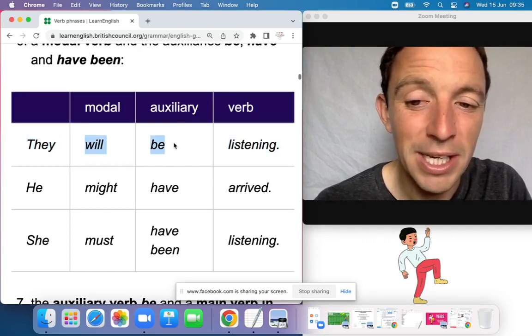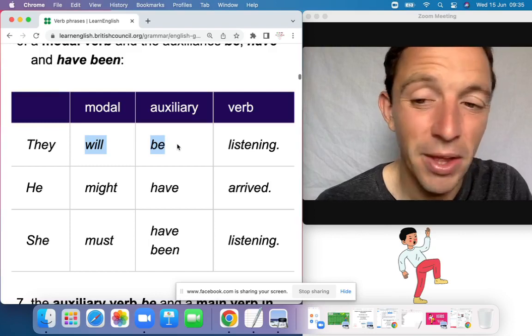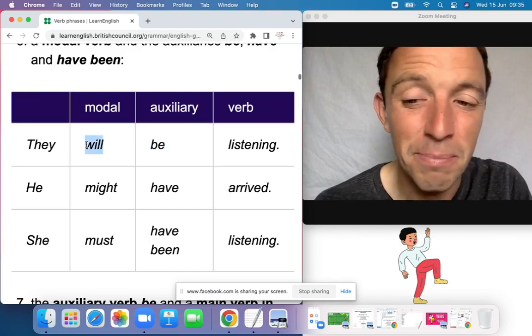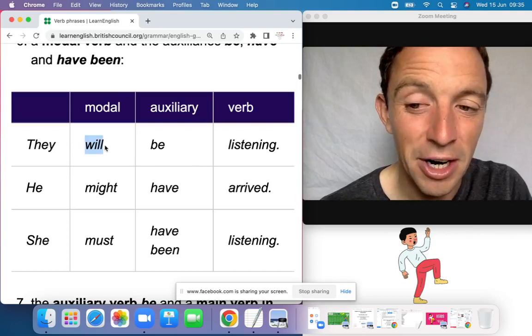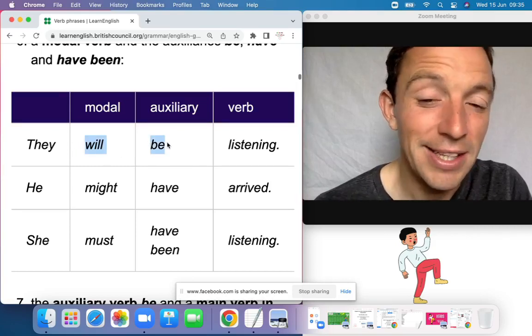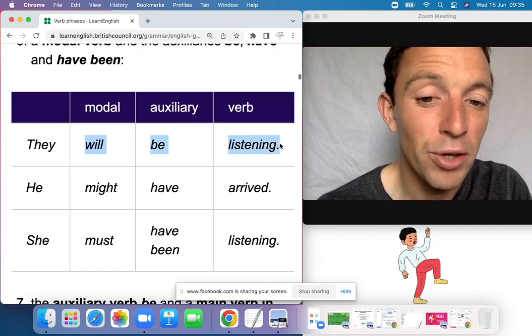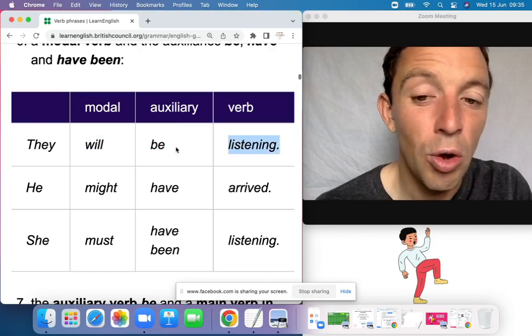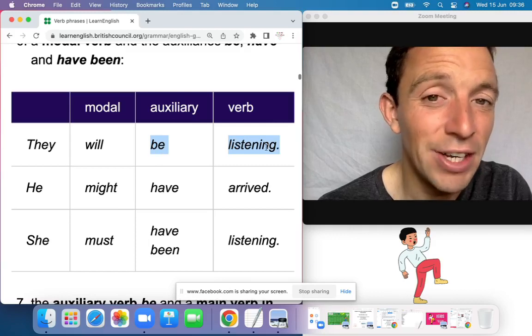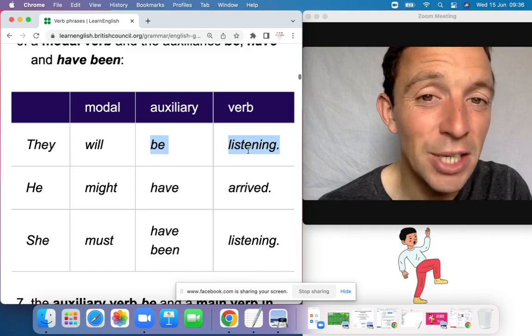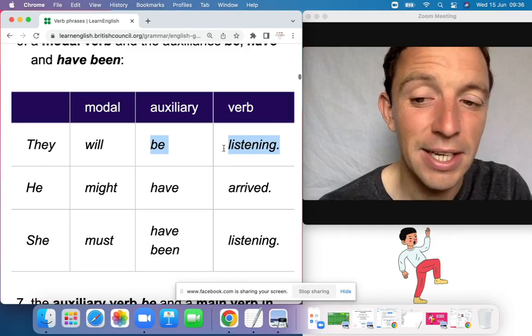So this possibly is the future simple also. However, will is considered a modal verb. They will be listening. So this is the modal verb will, the auxiliary to be, plus listening, ing. When you have the verb to be in the auxiliary plus the ing, this is considered a continuous aspect.